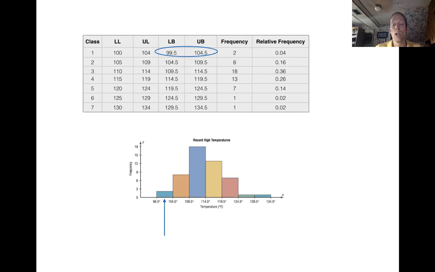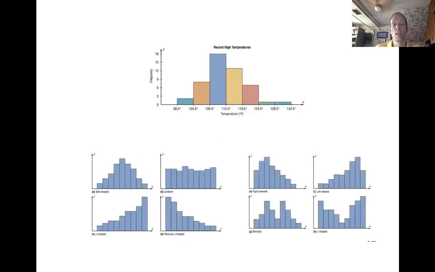So right here, we've got a graph telling us that we had about 2 temperatures that were between 99.5 and 104.5 degrees. The next class is coming in right here. We've got about 8 states that had temperatures between 104.5 and 109.5 degrees.